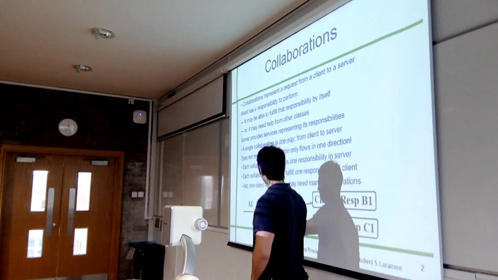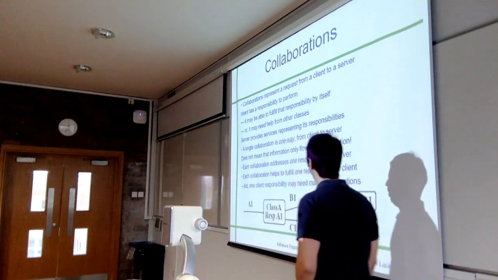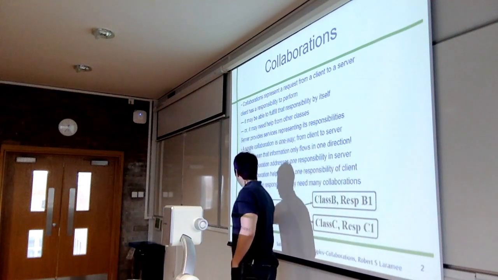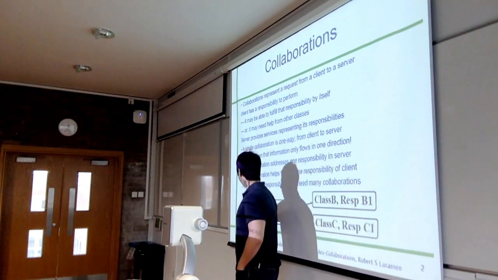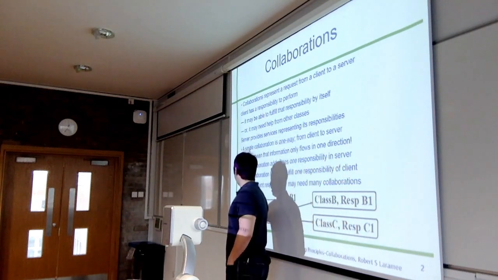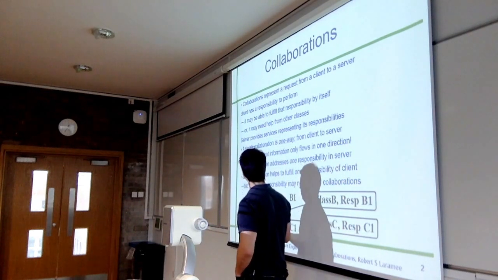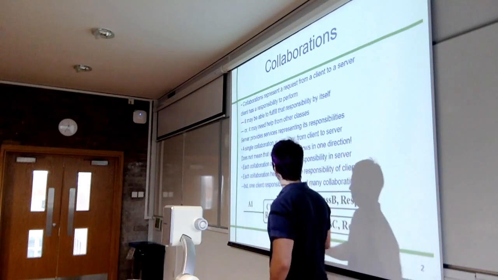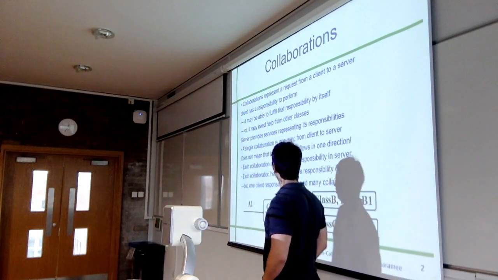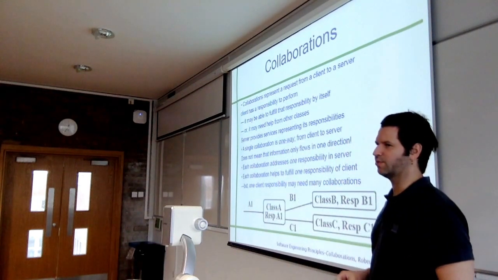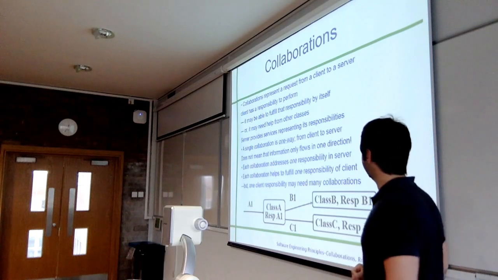So this is a diagram of a collaboration, right? Class A has a responsibility called A1. This edge is the communication from one class to another. There's some client class here, and it wants some information from class A. So it asks class A for some information, but class A cannot fulfill the responsibility by itself.